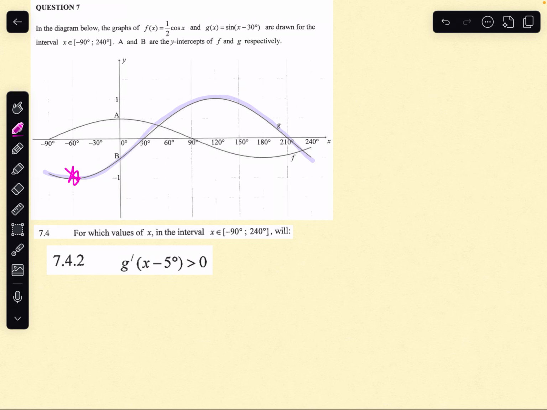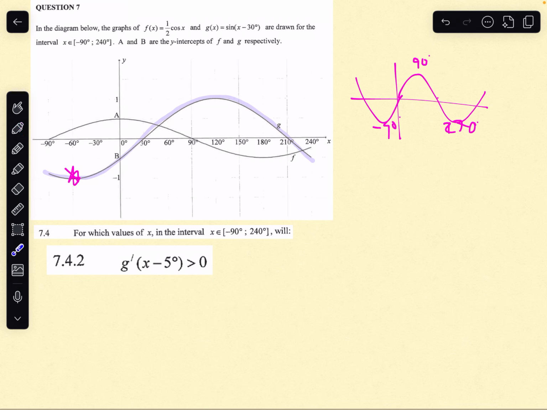So this is currently a sine graph that has moved right by 30 units. On my OG sine graph, my turning points are at 90, this is 180, this is 270, and on this side, this is minus 90.